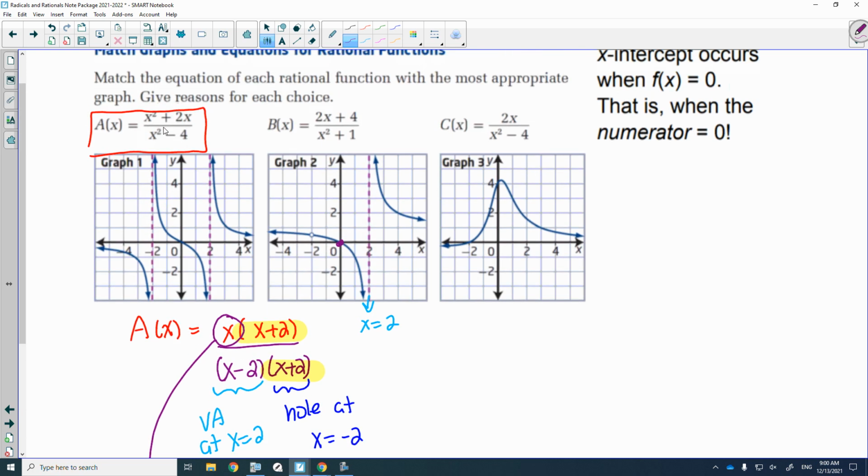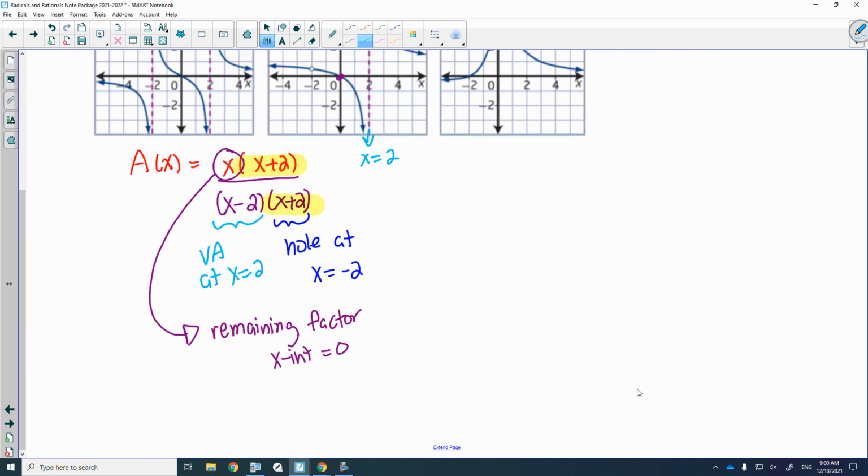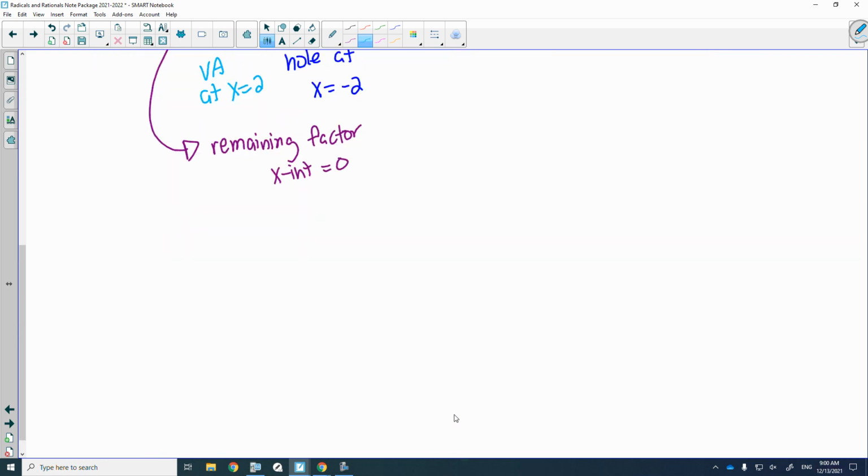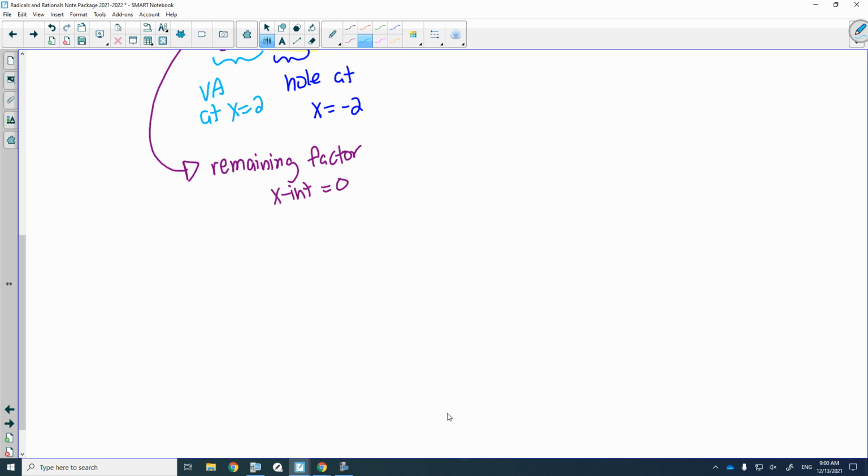So if I go to the original, the degree of the numerator is 2. The degree of the denominator is 2. Remember your justification for horizontal asymptote, you have to say, degree of n of x is equal to degree of d of x.